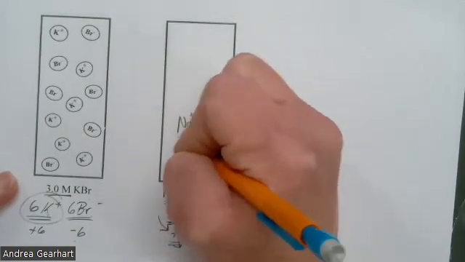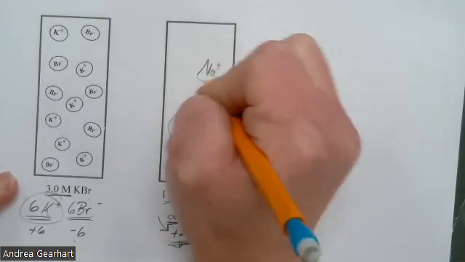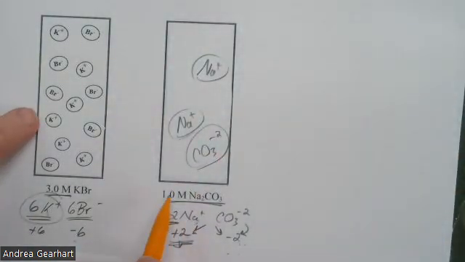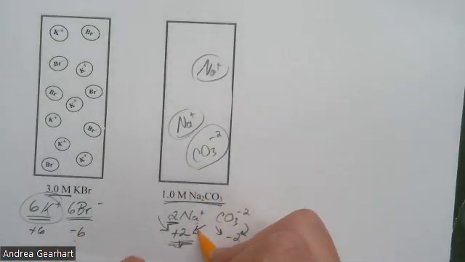Let me go ahead and draw that and then just double check my thinking. All right. Because this formula has 2 sodium ions for 1 carbonate, I could look at it as these 2 are delivering a positive 2, and this one a negative 2.